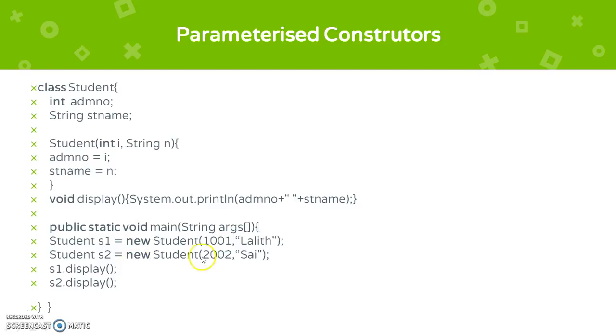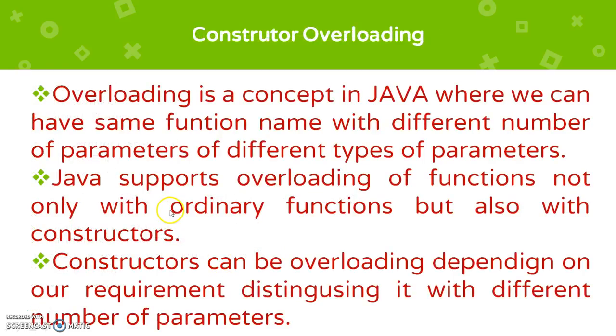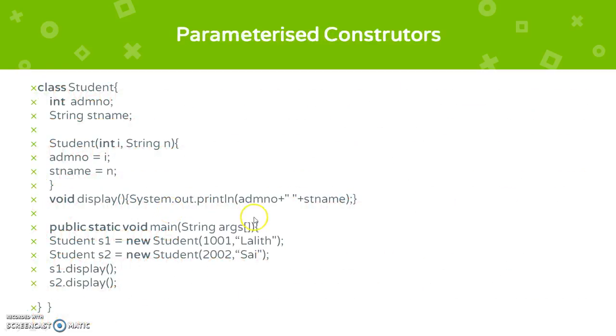And the important thing to be remembered here is that I'm creating an object called S1 for the constructor student, and I'm initializing the values 1001 and Lalit. The string Lalit will be initialized to n and 1001 to I. In turn, I will be initialized to admission number and n will be initialized to student name. And when I give s1.display, it will print 1001 and Lalit.